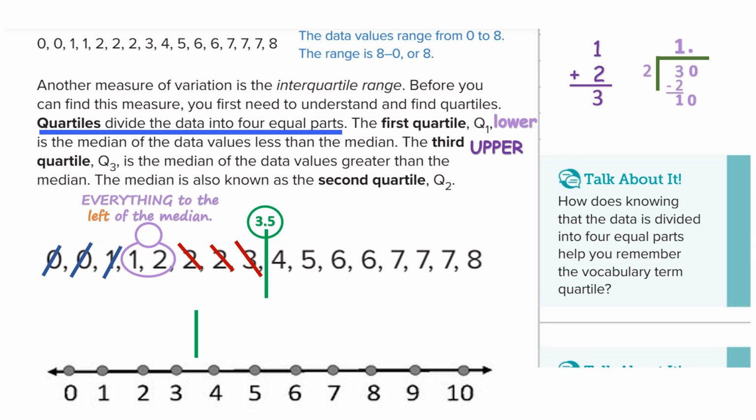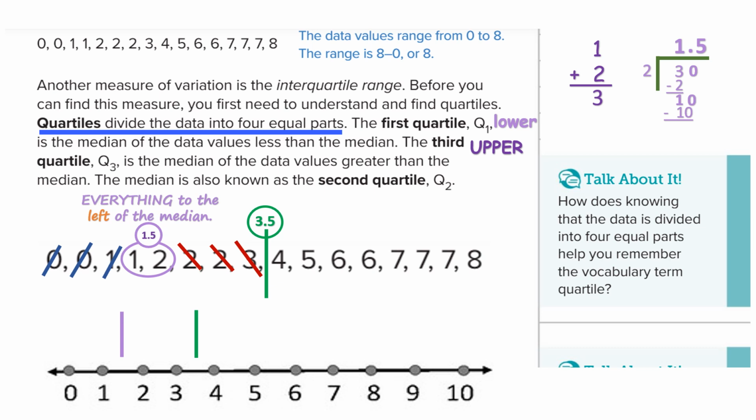So I add my decimal. I add a 0 and bring it down, and 2 goes into 10 5 times. So I see that my lower quartile is indeed 1.5. And then, as the steps on the box plot handout shows you, we're going to just make a tally mark where the 1.5 would be.